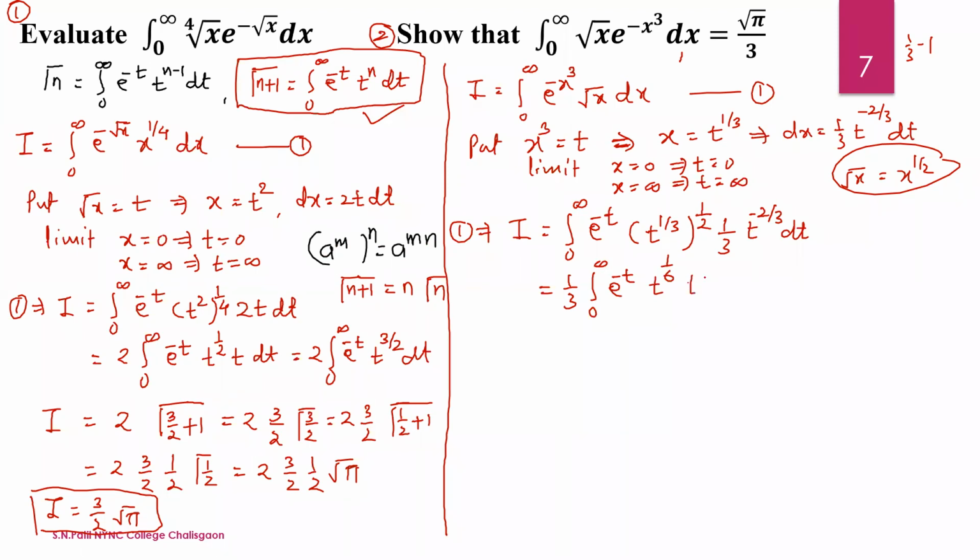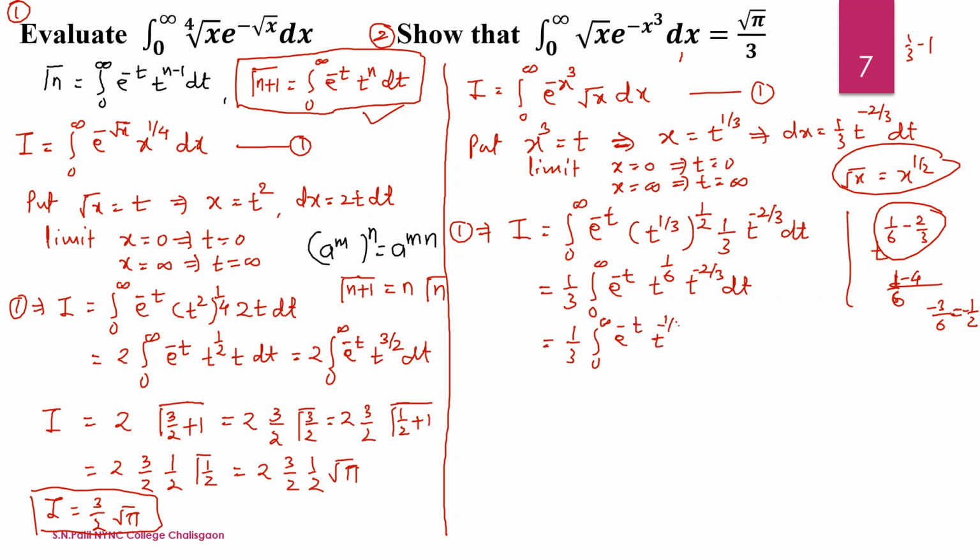And here t raised to minus 2/3 dt. Now the base is the same, so we add the powers, that is 1/6 minus 2/3. Simplifying this term, the LCM is 6, so multiplying and dividing, we get 1 minus 4 divided by 6, that is minus 3/6, that is minus 1/2. So we have 1/3 times the integral from 0 to infinity of e to the power minus t, t raised to minus 1/2 dt.